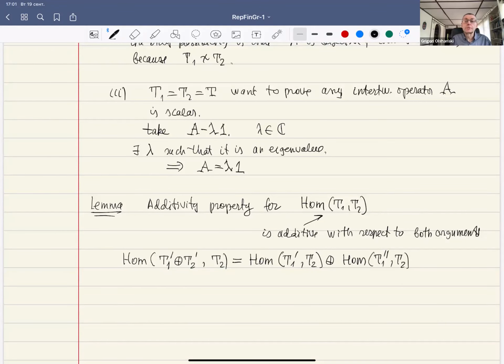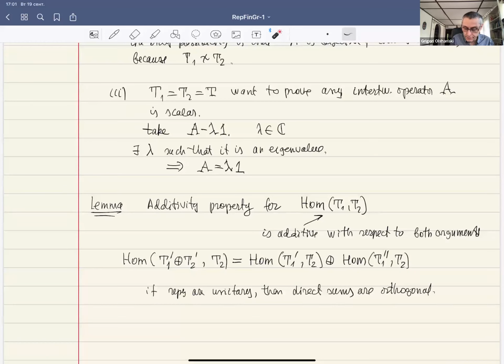And if our representations are unitary, then the direct sum is orthogonal. So if representations are unitary and if this decomposition is orthogonal, then this one is also orthogonal.